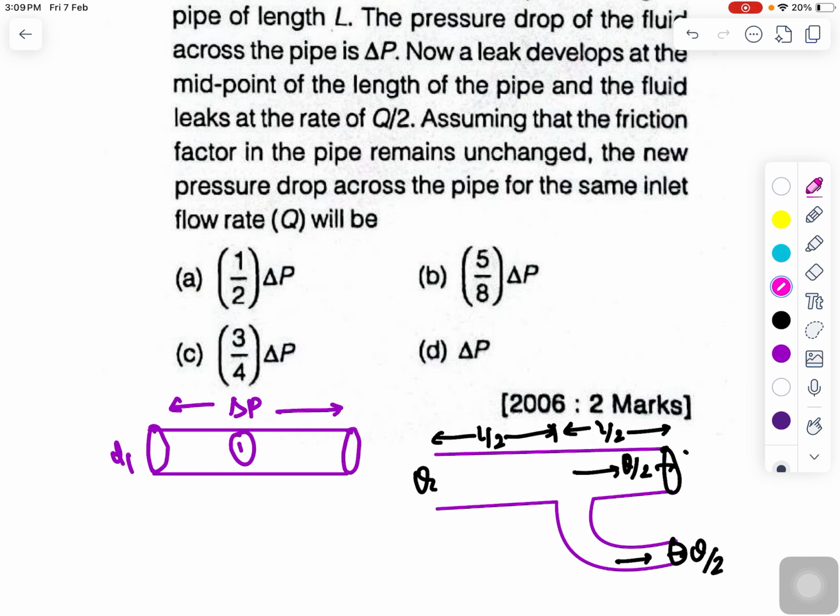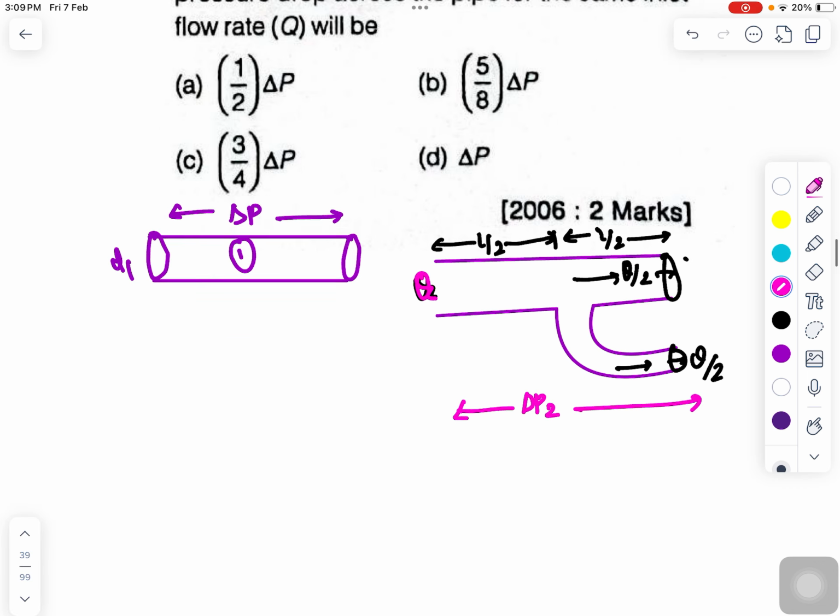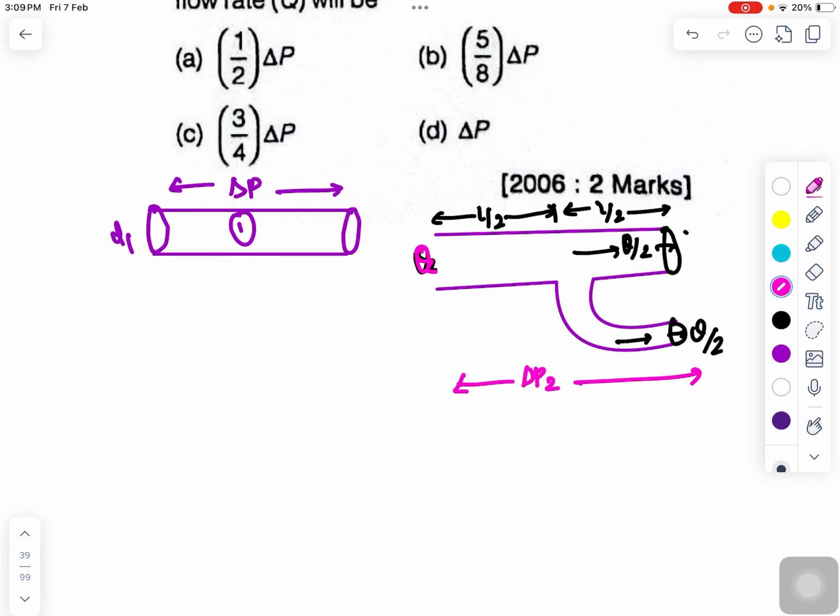Is that clear? The new pressure drop across the pipe for the same inlet flow rate Q is, so here the same inlet flow rate is Q, and if I assume the pressure drop here is delta P2, and here the pressure drop is delta P, what is delta P2? If I talk about delta P here, delta P is directly proportional to what? Q. Is that clear?